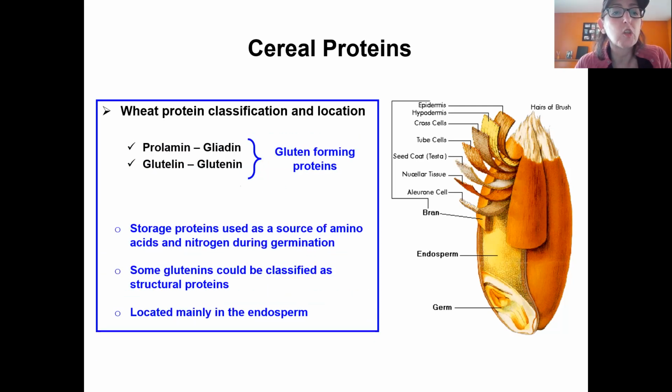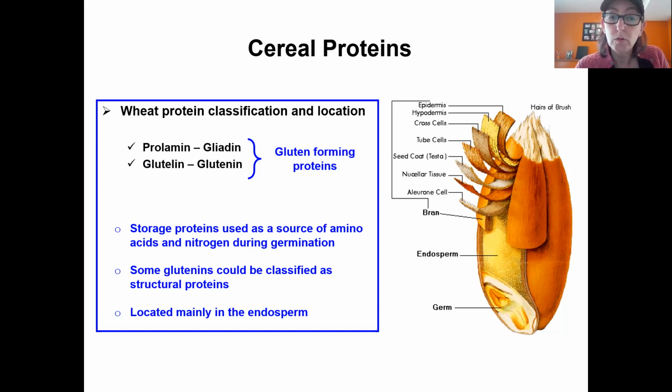Okay, so prolamins and high molecular weight prolamins. So in wheat, prolamin and glutelins, these are gliadins and glutenins. So they're not gluten, they are gluten-forming proteins. So these are the proteins that contribute to the formation of the gluten network in doughs.